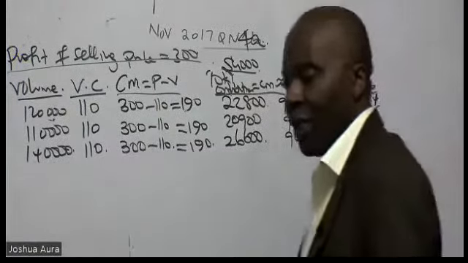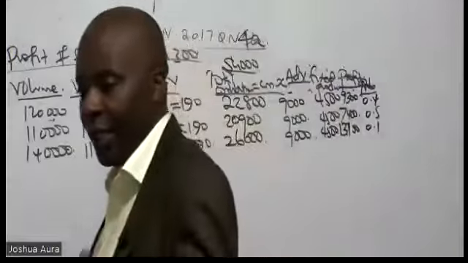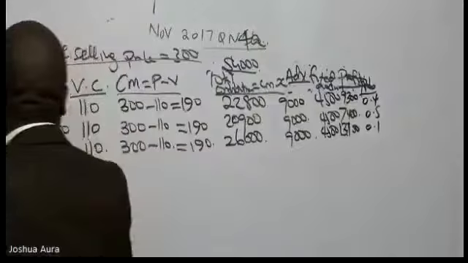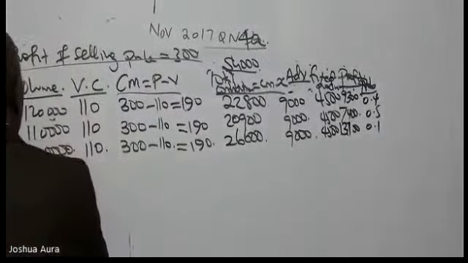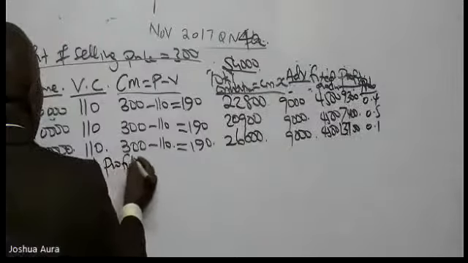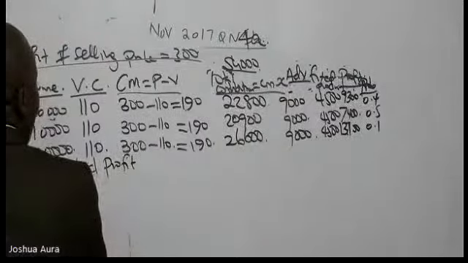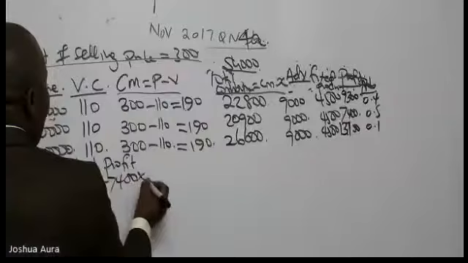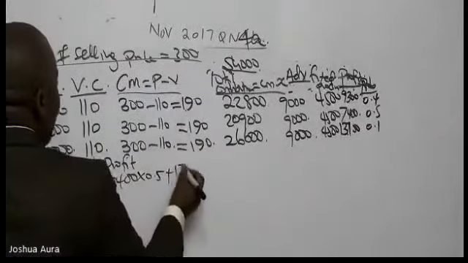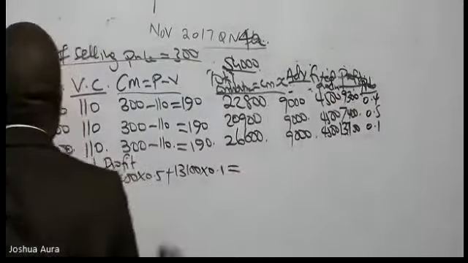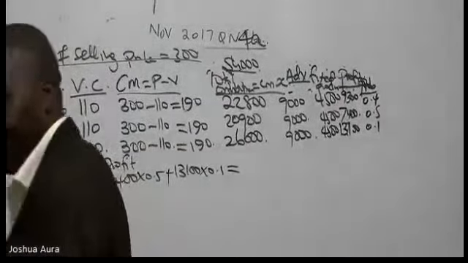So, ladies and gentlemen, what I need to do now with the profitability, and I have the probability there, I need to give what we call the expected profit. So we have 9,300 times 0.4 plus 7,400 times 0.5 plus 13,100 times 0.1, like that, which will end up giving us what figures, ladies and gentlemen?